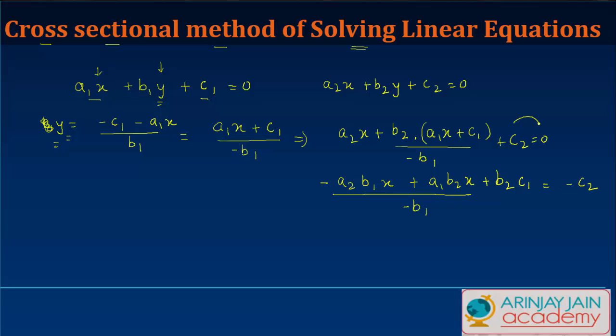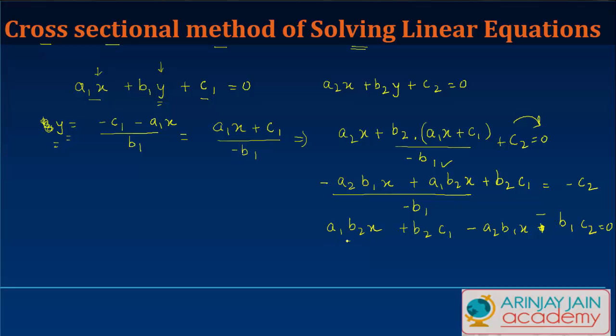I just take this to the other side. Or simply a1 b2x, which is this one, plus b2 c1 minus a2 b1x, plus, minus times minus gives you plus, and then if you move this to this side you get minus b1 c2 is equal to 0.